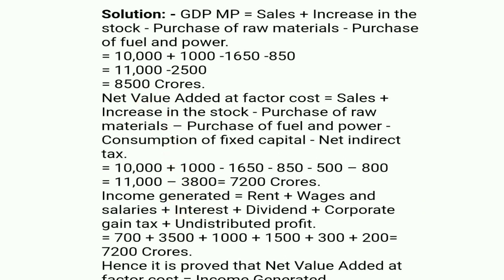Alright, and they did it in the same way. First of all, sales plus change in stock is the value of output, minus intermediate consumption, which is the sum of purchase of raw material and purchase of fuel and power. Then they subtracted consumption of fixed capital, that is depreciation, and then net indirect tax from it, and at the end they reached the answer as 7,200 crores.